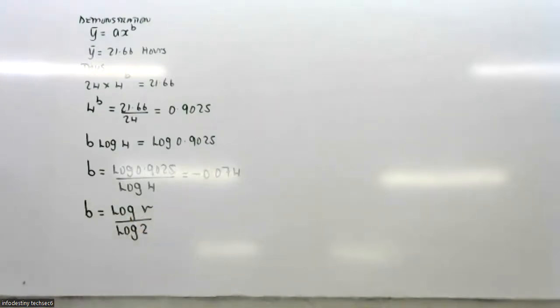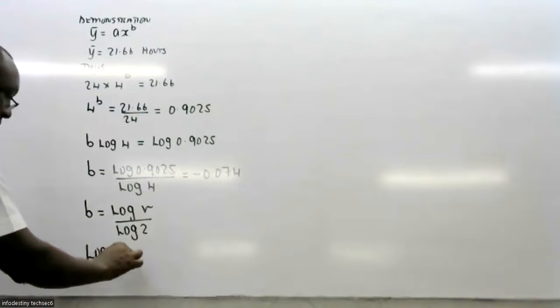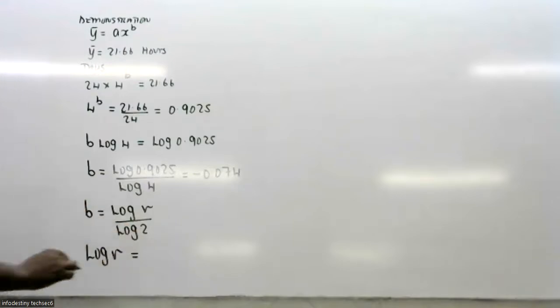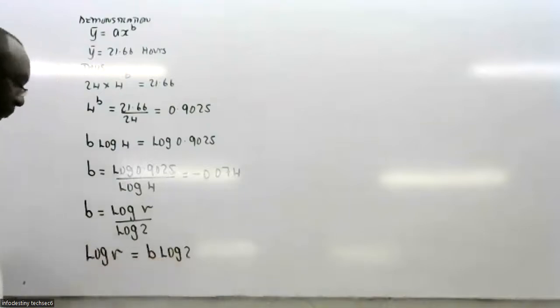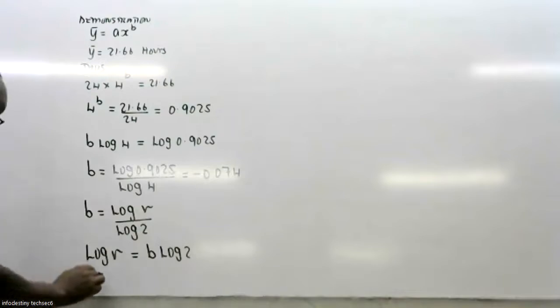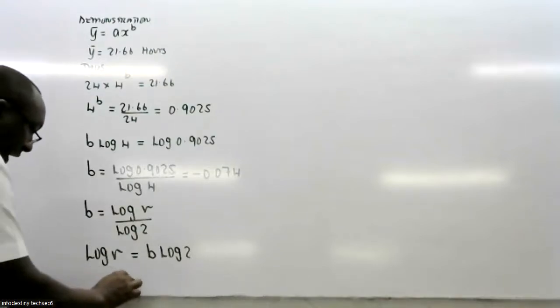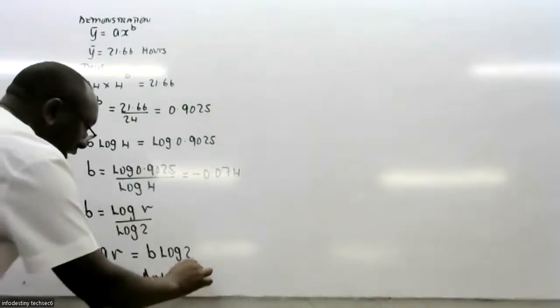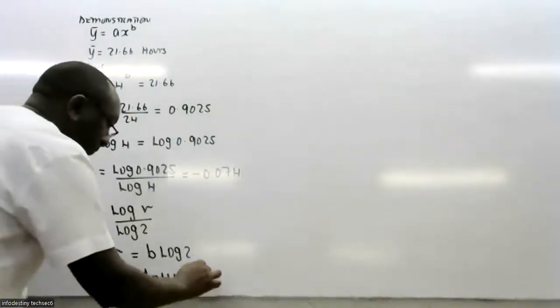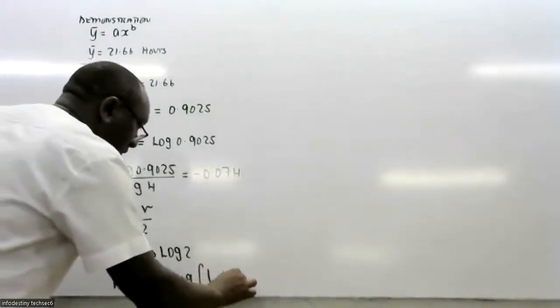So if I want to get R, I will say the logarithm of R is the same thing as B times logarithm of 2. So if I need R on its own, then I need to say the antilogarithm of B log 2.